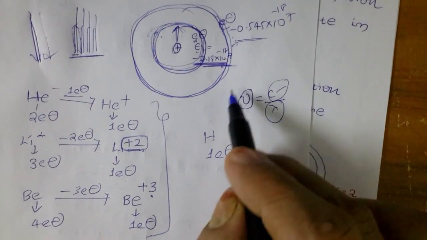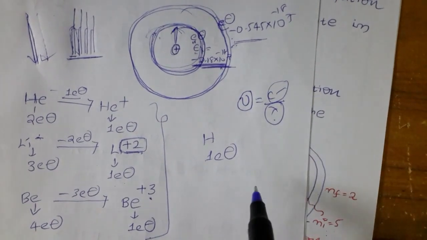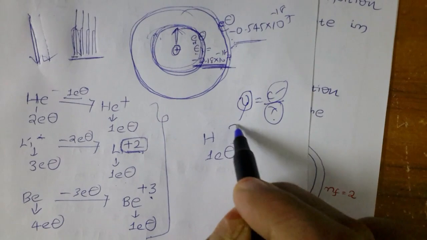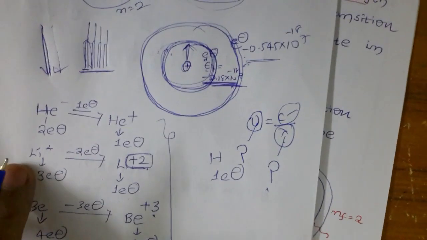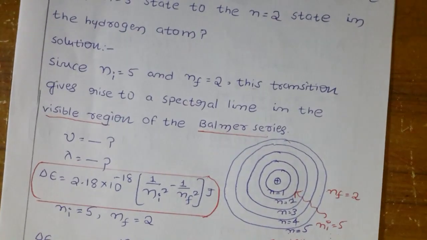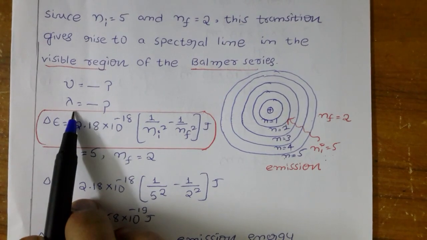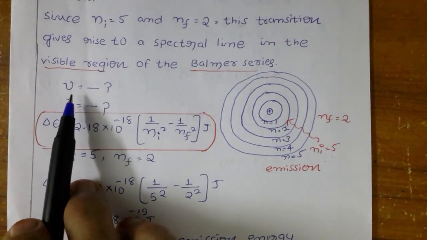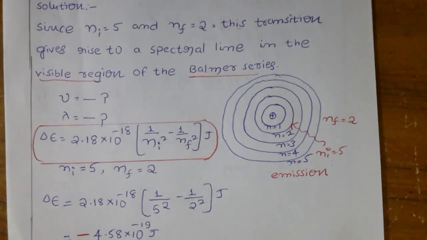If there are 3 variables, 2 should be known and 1 unknown, then you can find it. But the problem is that nu we don't know, lambda we also don't know. They are asking us to calculate nu and lambda. Once you know nu you can calculate lambda, or if you know lambda you can calculate nu. So how can we get a solution here?